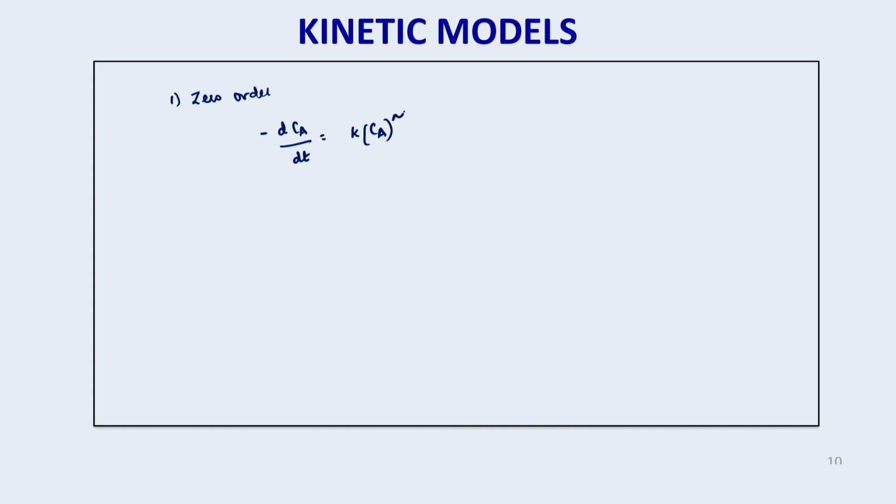Let me again emphasize, n is the reaction order, K is the rate constant and Ca is the concentration of the reactant. So this is the general equation.